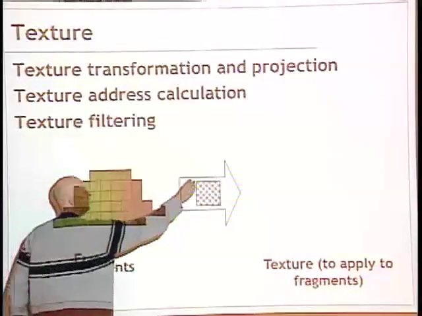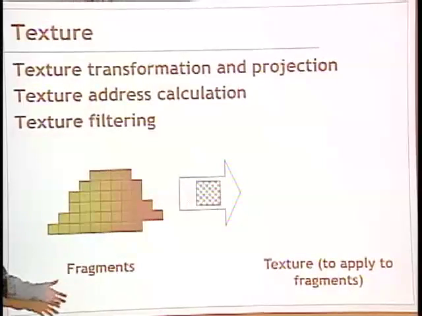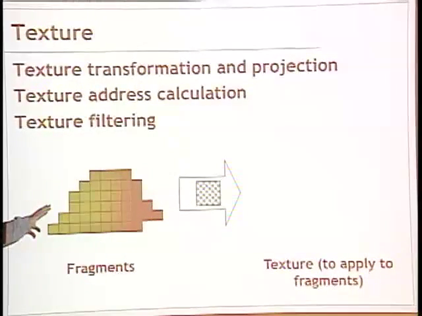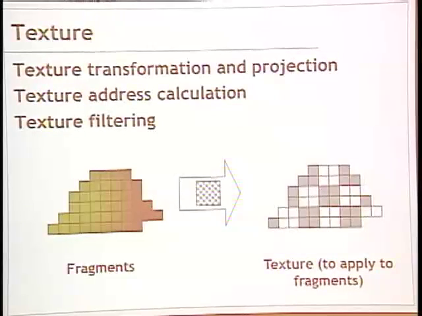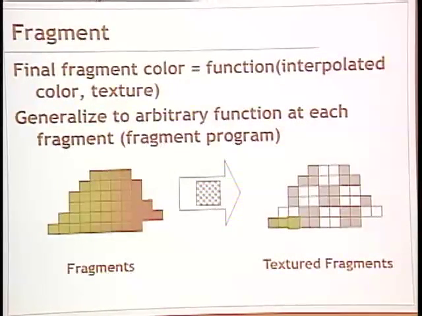Then we have to figure out how this thing maps onto this thing, because you can figure decaling it in many different ways. You get to specify that. You get to specify where the corners are, and it'll figure out everything that happens in between. And so there's lots of calculations associated with texture. This is a big piece of the pipeline. Here we're having a nice simple orthogonal mapping there, and then we're going to have to figure out how to blend these things together. So we're going to blend the texture with the colors.